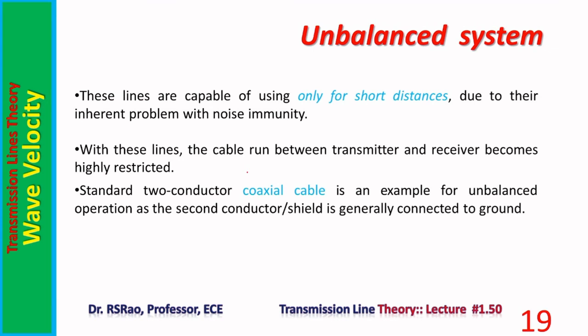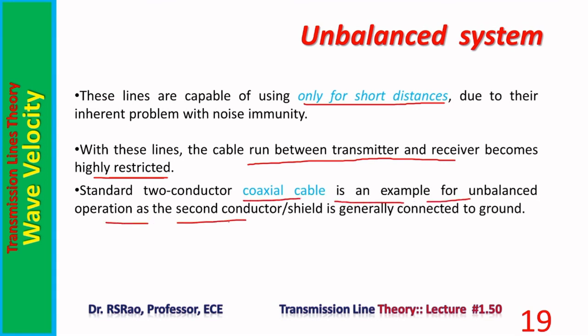There are such non-serious applications. These lines can be used only for short distances. With these lines, the cable run between transmitter and receiver becomes highly restricted. A standard two-conductor coaxial cable is an example of unbalanced operation, as the second conductor or shield is generally connected to ground.